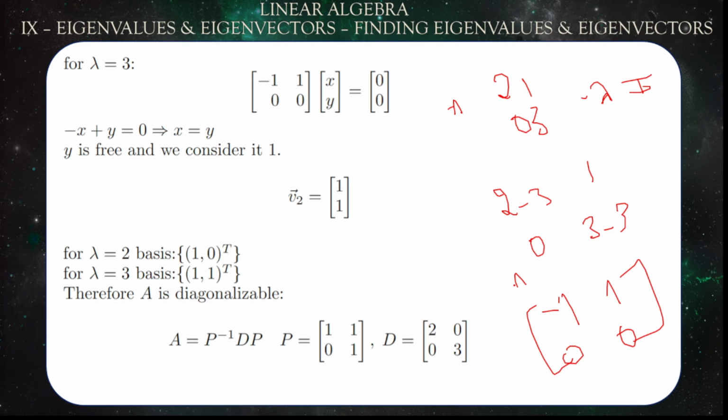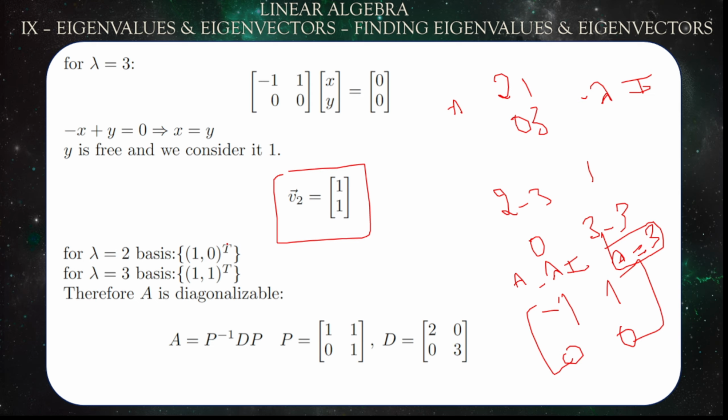This is A minus lambda I for lambda equal 3. So minus 1, 1, 0, 0 multiplied by x, y equals 0, 0. The first equation is minus x plus y equals 0. Hence, x is equal to y. The second row doesn't matter because it renders everything 0. So we consider y as 1. If x equals y, then x equals 1, y equals 1, and the eigenvector is v2 equal to 1, 1.